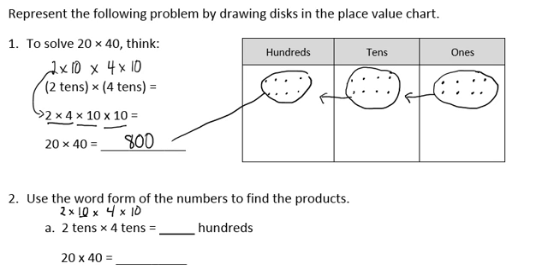I can multiply my tens together. 10 times 10 is what gets me my hundreds for my word form. And then I just think of 2 times 4 for the number, 8 hundreds. So 2 tens times 4 tens is the same as 8 hundreds, because 10 times 10 is 100. And again, 20 times 40 is 800.